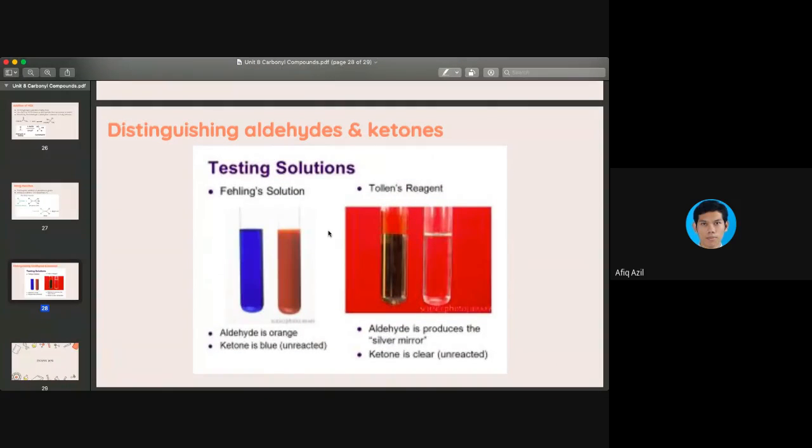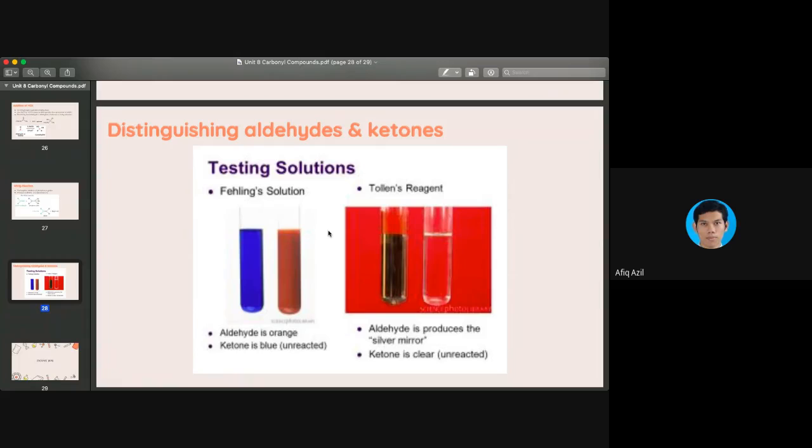And the last thing, the last slide, will be how aldehydes and ketones can be distinguished through chemical reactions. How are you going to differentiate if you are given two beakers, to determine which one is aldehyde and which one is ketone?